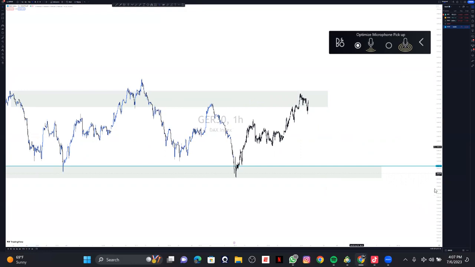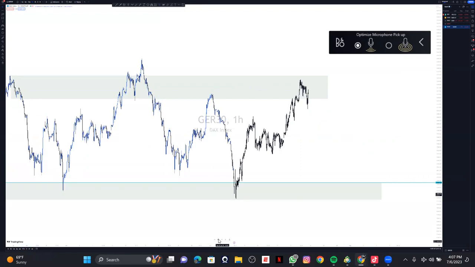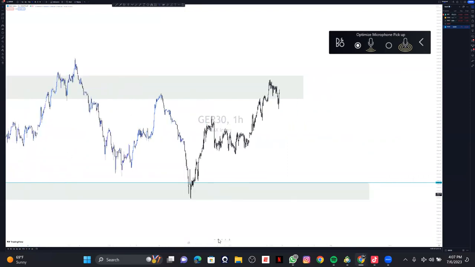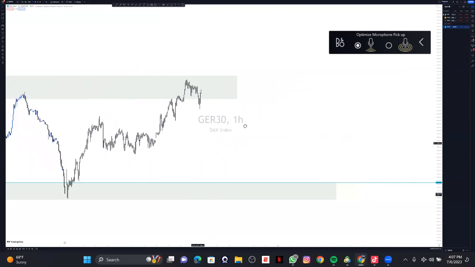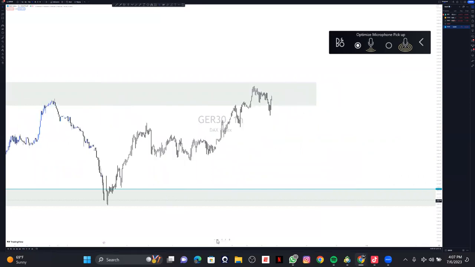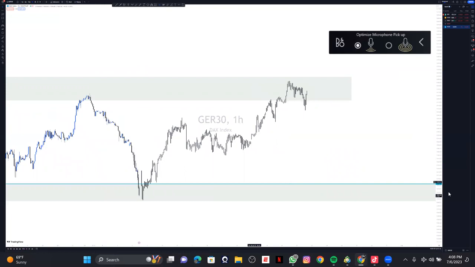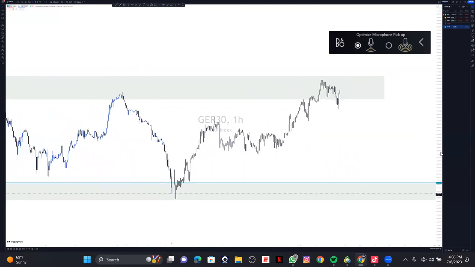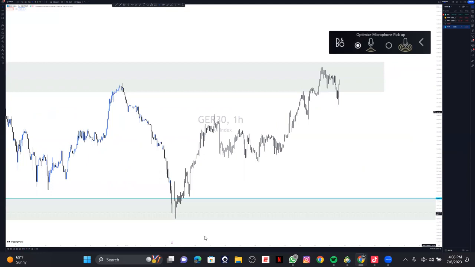But on my side, the entry level, I think we're going to push lower. If you check on the side, I have the break of structure here today, the previous higher low. It broke the structure and continued with the movement.